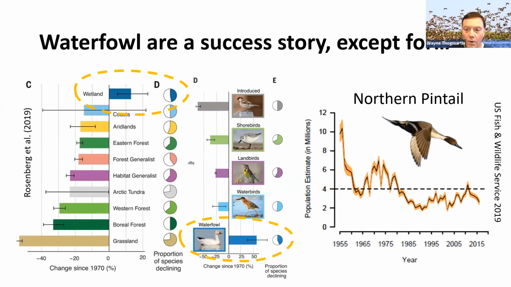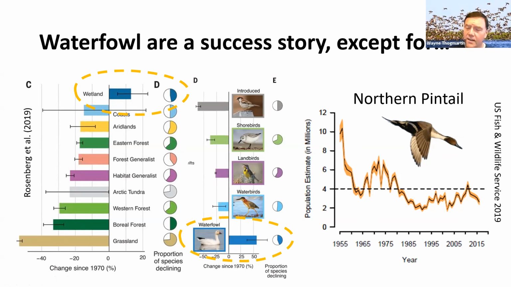Waterfowl are a success story, and it would be useful to focus a bit on why waterfowl, as opposed to other species, are a success story. We see from Ken's work that birds in wetland environments are doing well. In fact, the waterfowl are doing well. Unfortunately, one species among the waterfowl is not doing well. It's the northern pintail.